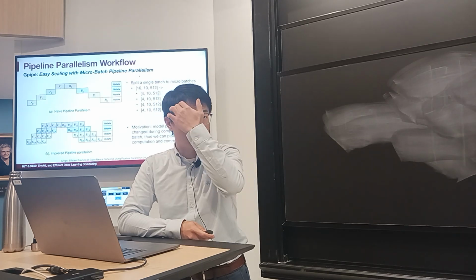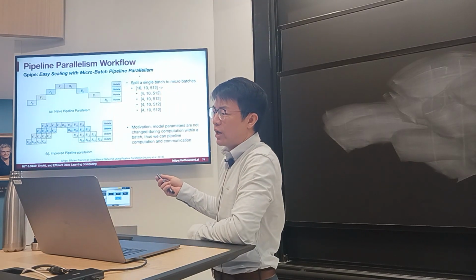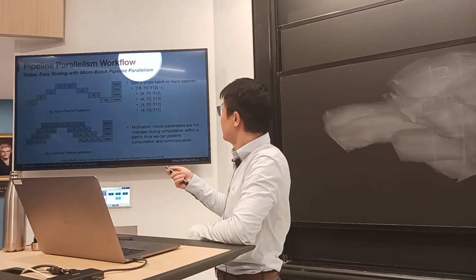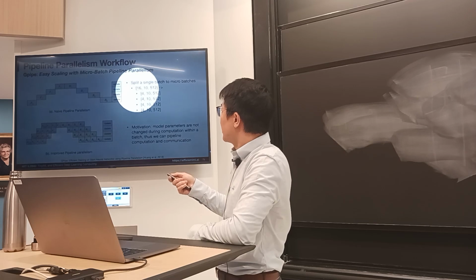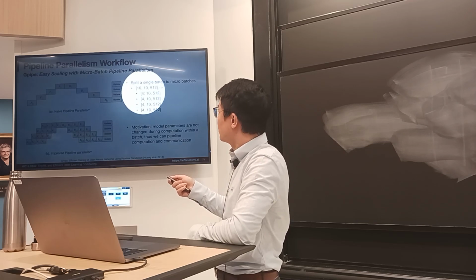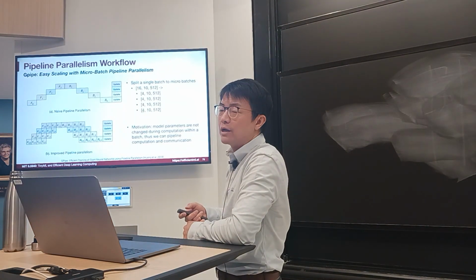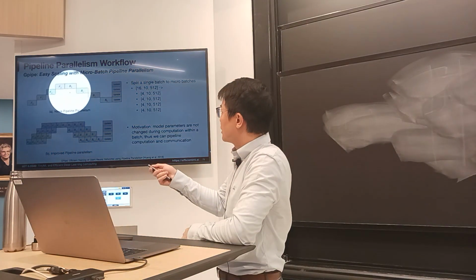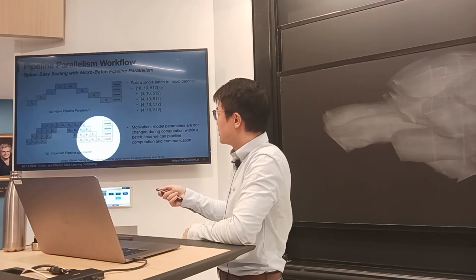So what is the best way to do that? Previously we had a big batch; now we want to scale it with micro-batch pipeline parallelism. Previously we had, say, 16 samples, and now we split them into 4 batches. So rather than naive parallelization, we can make it look like this.